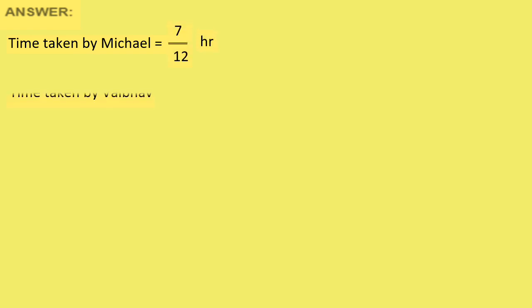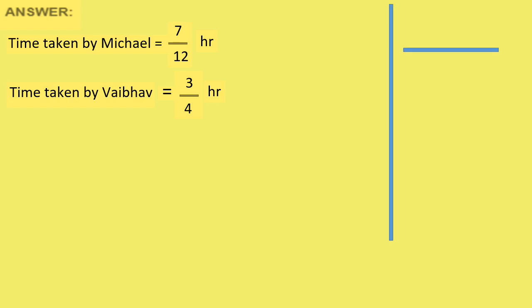So first I'll write time taken by Michael, 7/12 hours. Next, time taken by Vaibhav, 3/4 hours. Here the denominators are different, so I am going to take the LCM of 12 and 4. 12 and 4 are in table 2: 2 6s are 12, 2 2s are 4. Again in table 2: 2 3s are 6, 2 1s are 2.